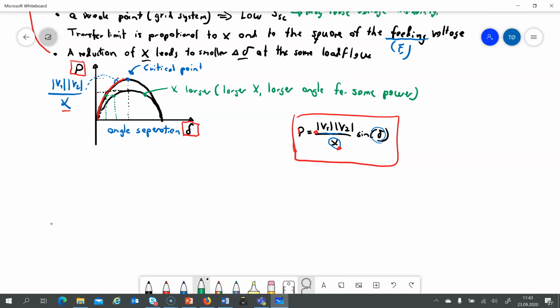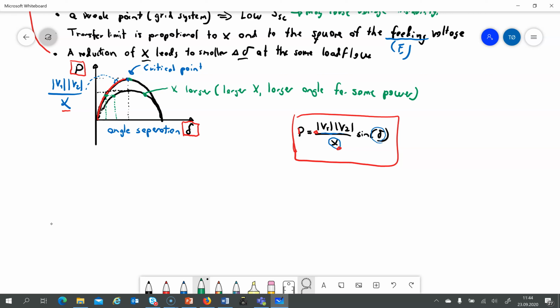So here I have now pointed out these two green dots. If you have this other curve with a larger reactance, as you can see here, larger reactance means we need a larger angle for the same power. Or the opposite, a reduction of X leads to a small delta at the same load flow.